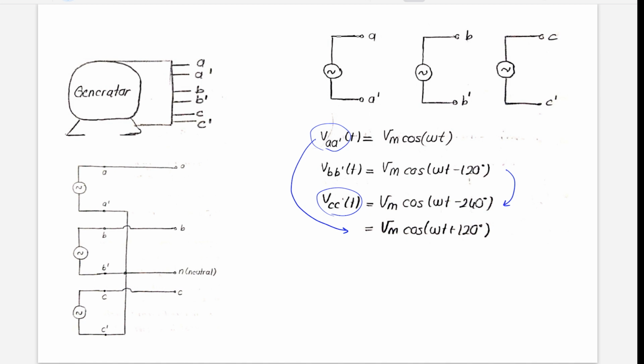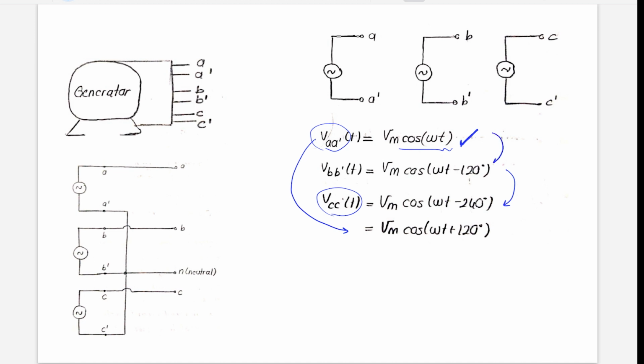Okay, if we choose this phase, this part of the generator, as our reference, then with respect to VAA prime, we will go 120 degrees each time in order in the clockwise direction.